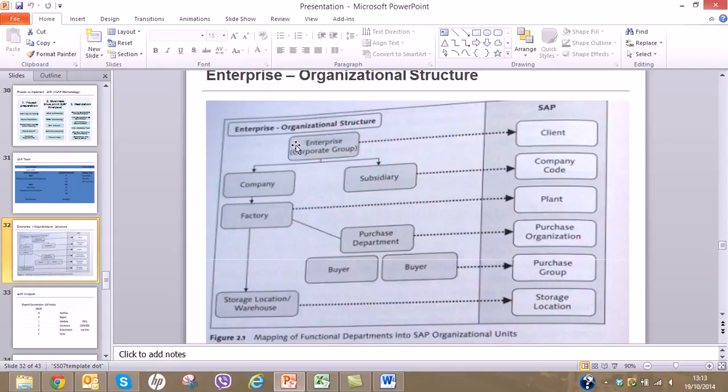As is means the enterprise or corporate group, which is recognized in SAP as the client, and a company or subsidiary is recognized in SAP as company code. Factory is plant, purchase department is purchase organization, buyer is purchase group, and warehouse is storage location. So this is the example of as is and to be methodology. So you know SAP before you gather the requirements from the business users.